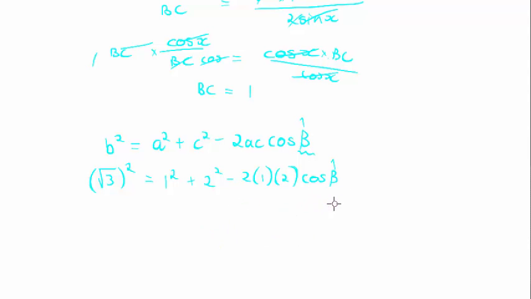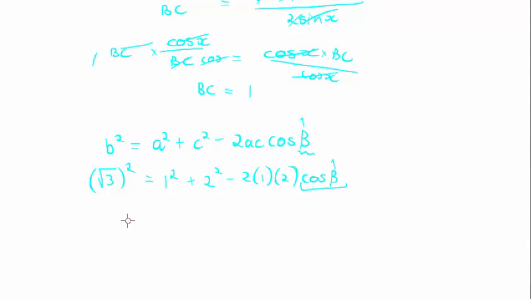Now this is an equation. What's the aim of a quadratic equation? The main idea is to get a single trig ratio, which in this case is going to be cos beta equal to a constant.